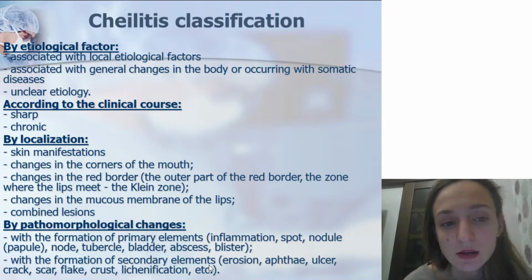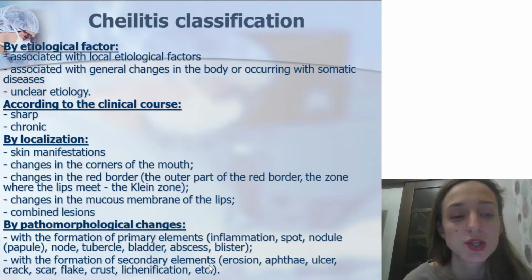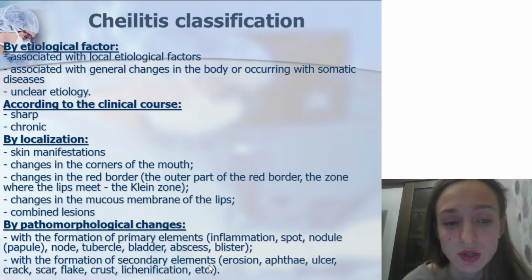Next one, according to the clinical course, it can be sharp or chronic. By localization, skin manifestations, then changes in the corners of the mouth, changes in the red border or a clean zone, and changes in the mucous membrane of the lips, and combined lesions.